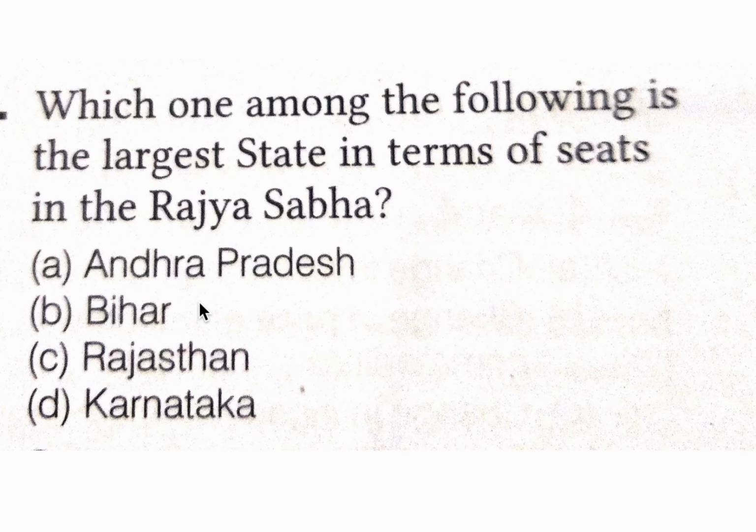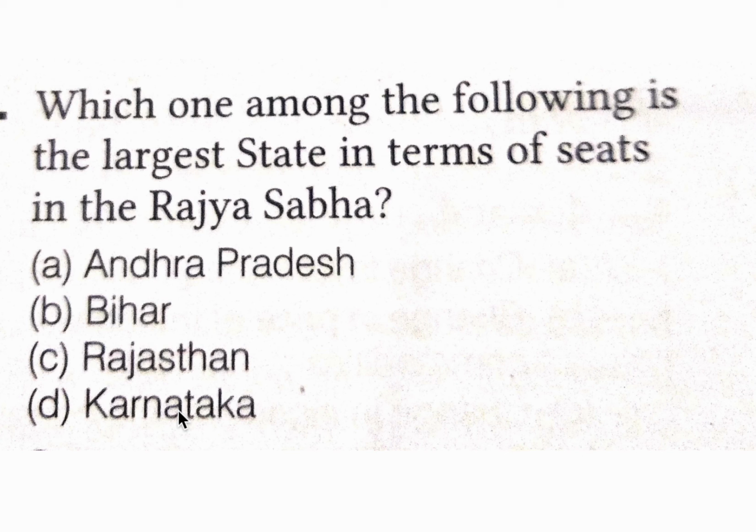Coming to the next question, which one of the following is the largest state in terms of seats in Rajya Sabha? They gave Andhra Pradesh, Bihar, Rajasthan and Karnataka. Here the Rajya Sabha seats in Andhra Pradesh is 11, for Bihar it is 16, for Rajasthan it is 10, for Karnataka it is 12.